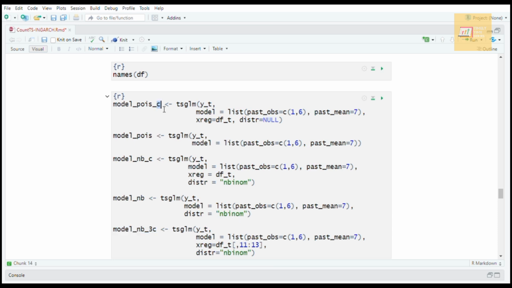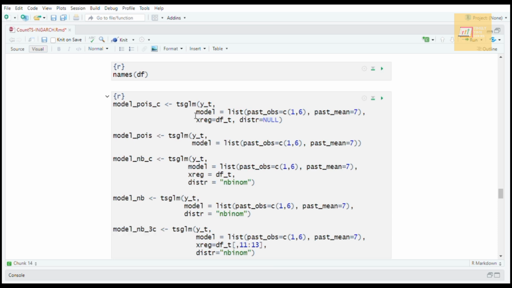I give the code C to tell me that I'm using covariates. And 3C here is a model that uses 3 covariates, namely insertion sort, heap sort, and merge sort, the 3 covariates with the highest correlation with our time series.